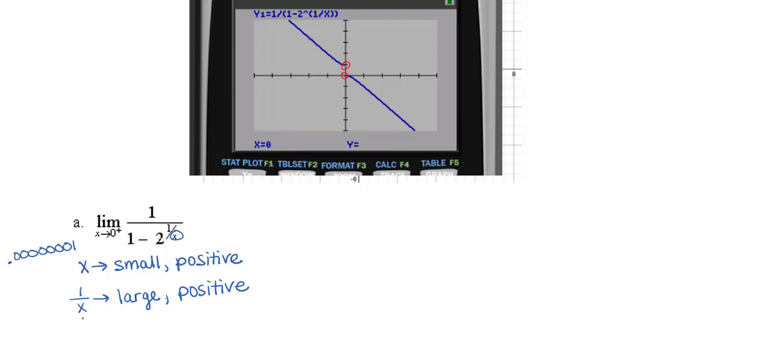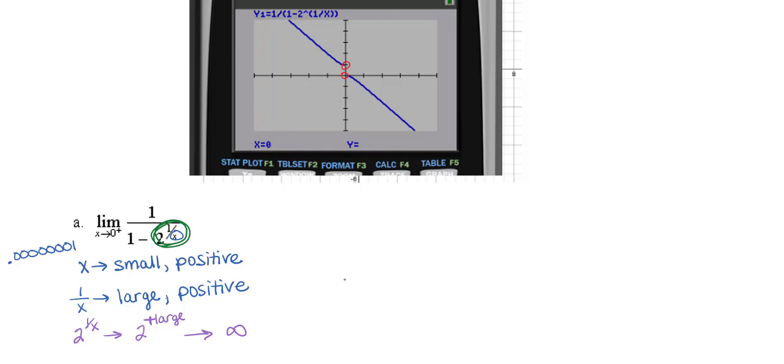All right, now I have that 1 over x part calculated. So now, what would 2 to this 1 over x be? It's going to be 2 to a very large positive number, which is going to approach positive infinity. If you think of 2 to the 1,000,000th power, you're approaching positive infinity. So now I have this whole part calculated.